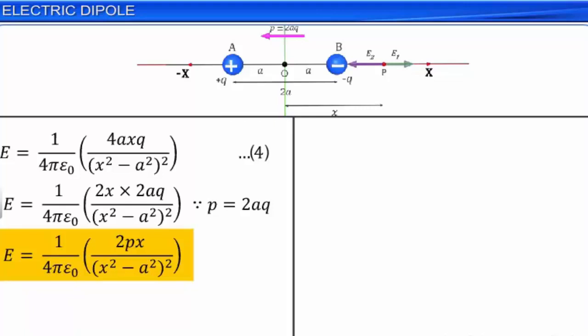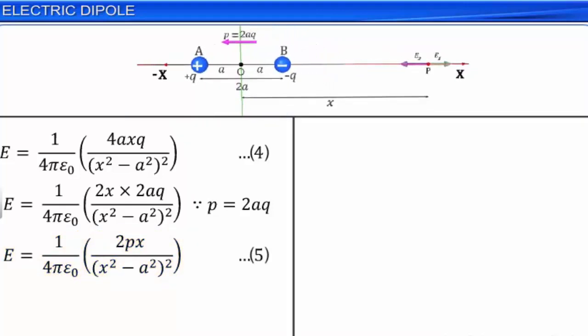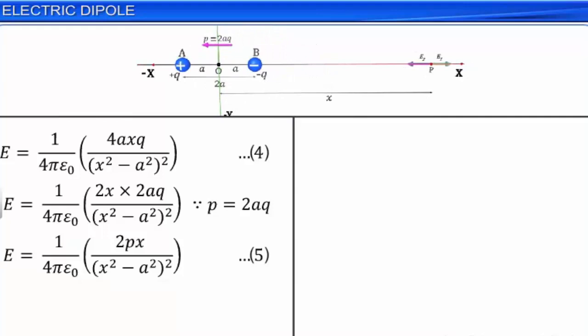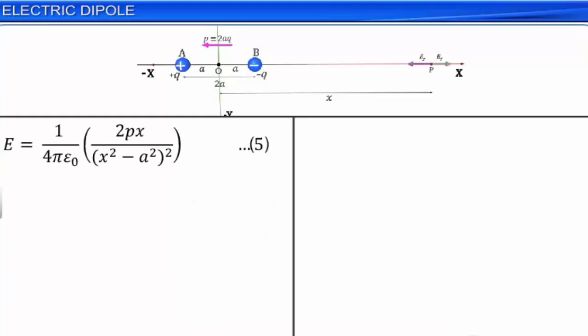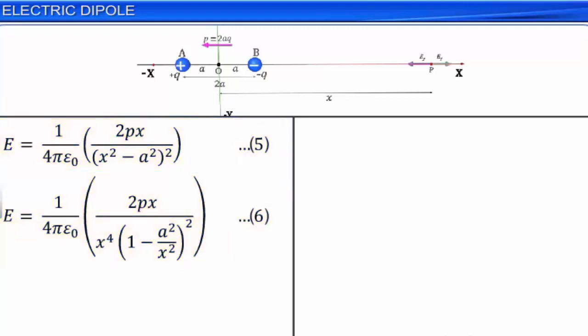When the point P is at a very large distance from the center O, then x is very large compared to a. Then, writing the expression 5 as in equation 6, and neglecting the term a square by x square for x which is very large as compared to a, in equation 6 and on further simplification, we get E is equal to 1 by 4 pi epsilon naught 2px by x power 4.